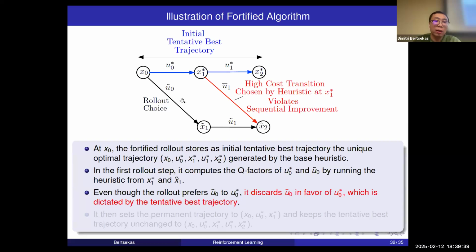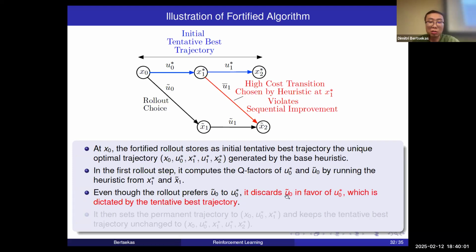However, in fortified rollout, after the computation to figure out which is the smallest Q factor, it also compares against the tentative best trajectory. And in this case, it's optimal. As it turns out, this tentative best trajectory is better than the minimum Q factor.